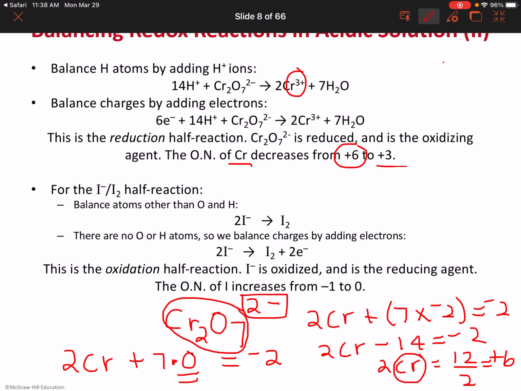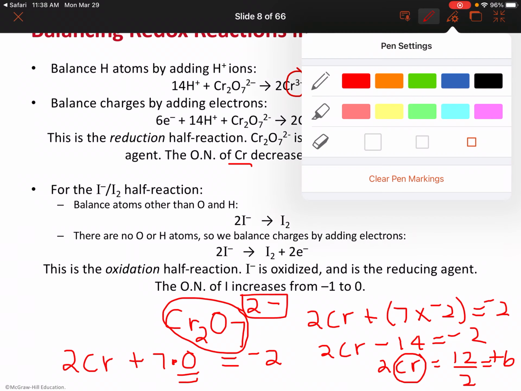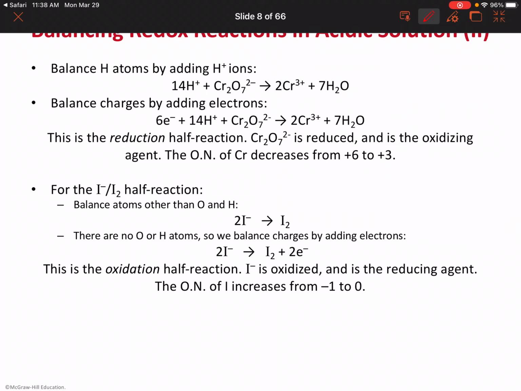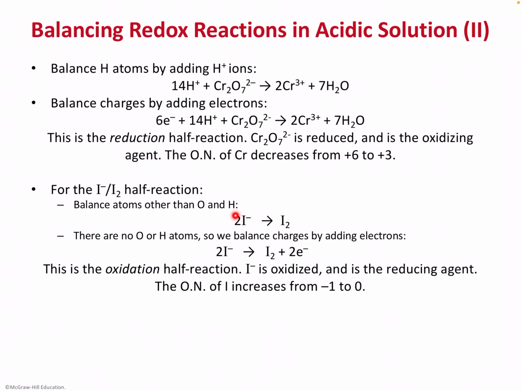Now let's look at the other half reaction, iodide going to iodine. We need to balance it. I minus goes to I2. Since it's iodine, there are 2, so you need to add 2 here to balance it: 2 I minus goes to I2. We don't have any other atoms to balance.